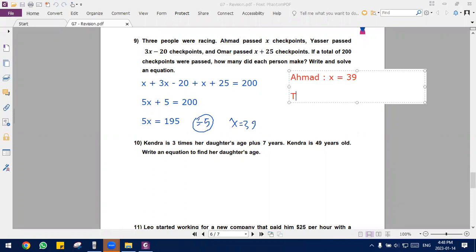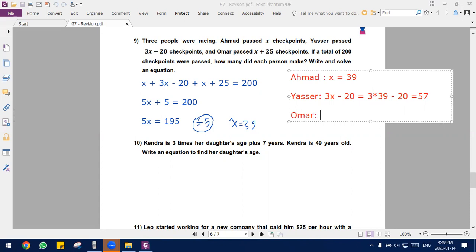For Yasser, how much did he pass? 3x minus 20. So you should now do 3 multiplied by what's the x value? 39. And then you subtract 20, which is equal to. So after you do the multiplication, you subtract, you will get 57. And then last one we have Omar.